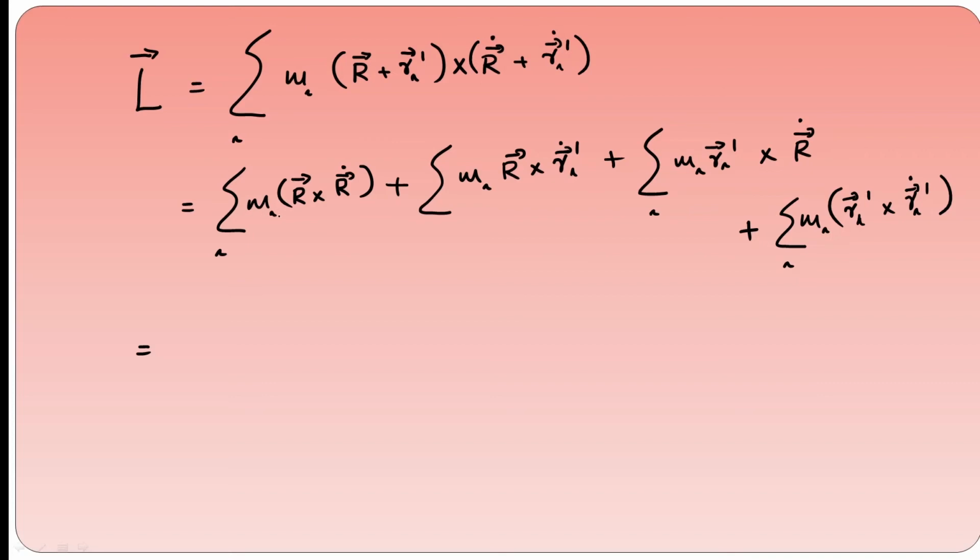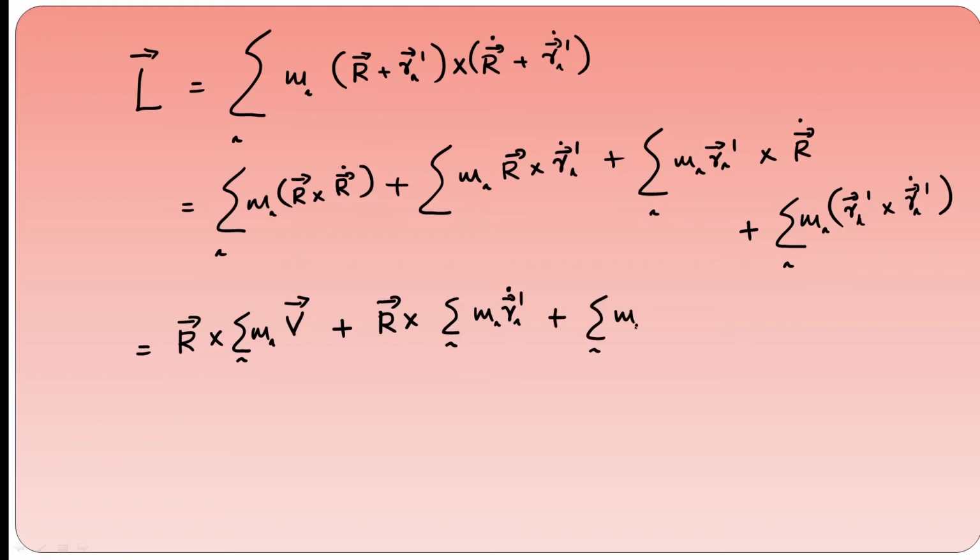Summation over Mi is M. You can take R outside: R cross summation over Mi into V, plus R cross summation over Mi Ri prime dot, plus summation over Mi Ri prime cross R dot, plus summation over Mi Ri prime cross Ri prime dot.